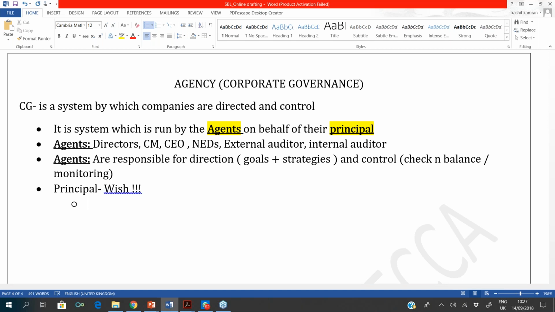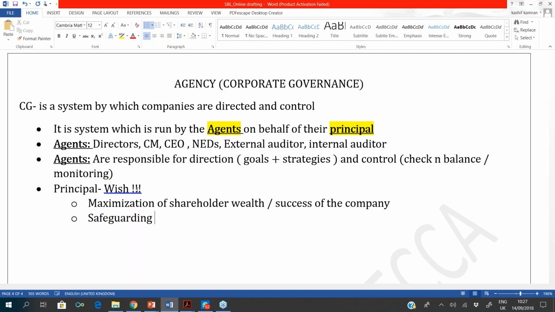The principal wishes to maximize the wealth, maximization of wealth, and safeguarding shareholder interest.